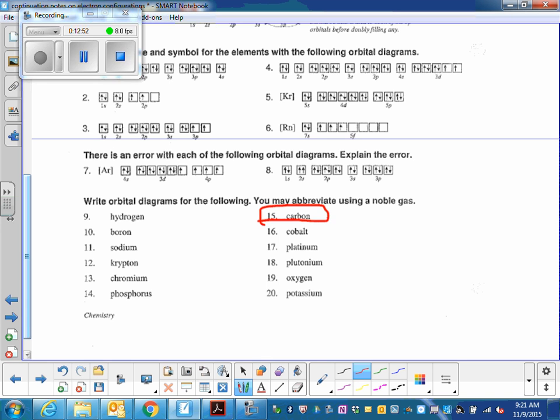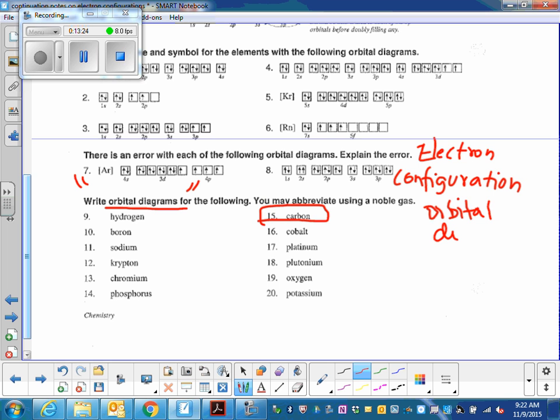If they ask you to draw the orbital diagram, what are they asking you to do? What do orbital diagrams mean? Orbital diagrams means boxes and arrows. Know the difference between electron configuration and orbital diagram.